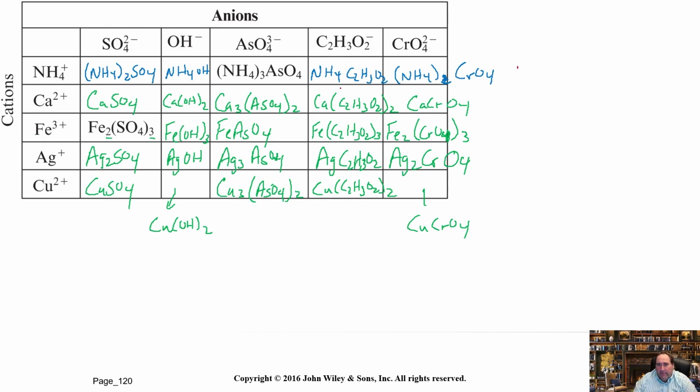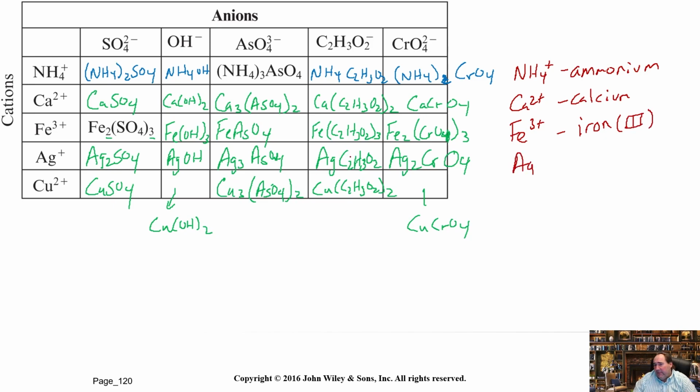Coming over here, this row has NH4+, which is the ammonium ion. Ca2+ is calcium ion. Fe3+, that is a type 2 guy, which means that is iron Roman numeral 3. Do you need a Roman numeral with that guy?